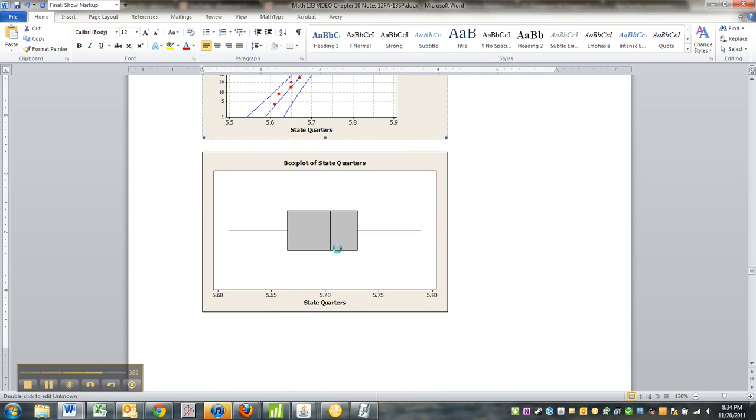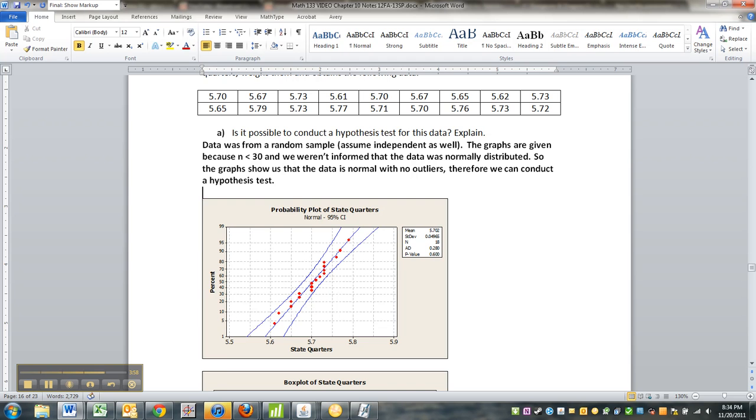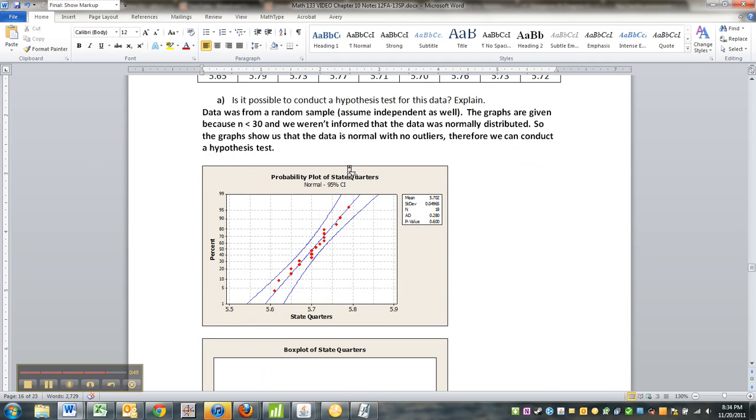That's what that graph shows, with no outliers. That's what that graph shows. And because it is, then we're okay for making a hypothesis test. If they didn't give us these graphs, we would have to have a sample size greater than 30 here, or we would have to be told somewhere up here that it was normal. We weren't told either one of those things, so we have to see the graphs to prove it.